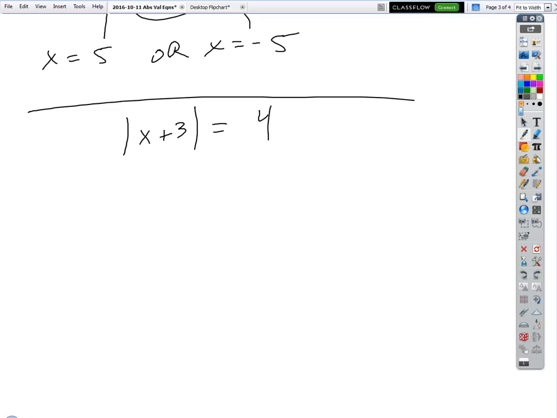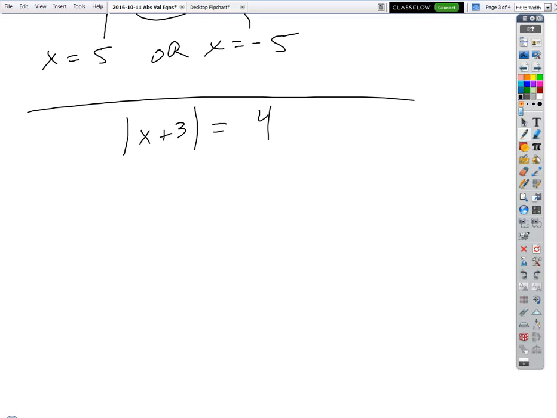So let's not even worry for a second about what's in there. Just in general, the absolute value of hand, regardless of how complicated that expression is, what are the two things that what's behind my hand could equal? It could equal 4, and the output would be 4, or it could be negative 4, right? Everybody agree?